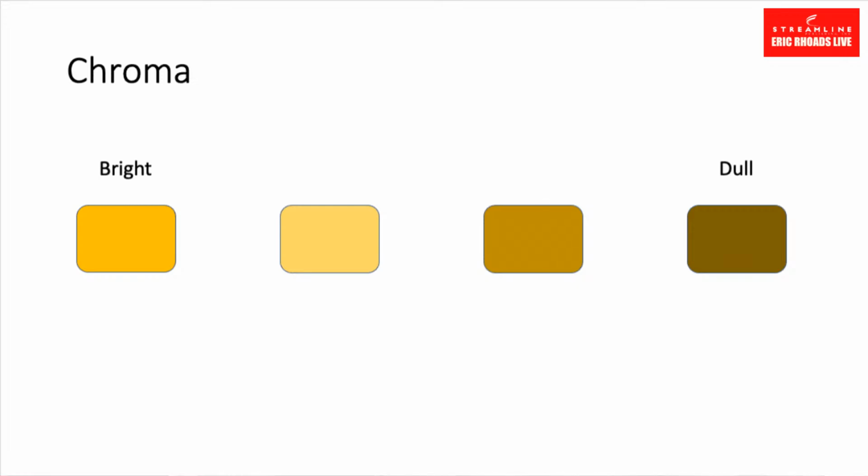A complement, if you look at a color wheel, is the color that's opposite on the color wheel from a given color. So for example, I'm just going to come on and show a color wheel.